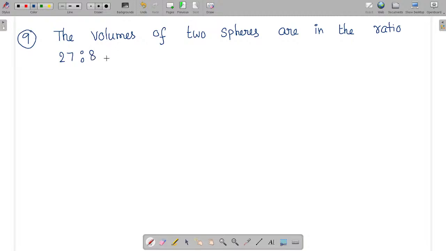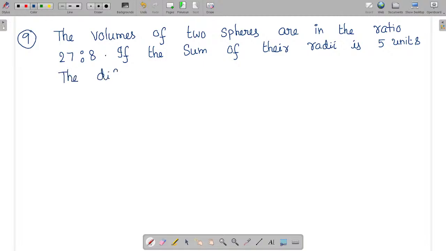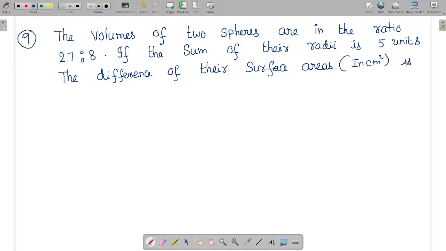If the sum of their radii is 5 units, the difference of their surface areas in centimeter square is? So this is the question.